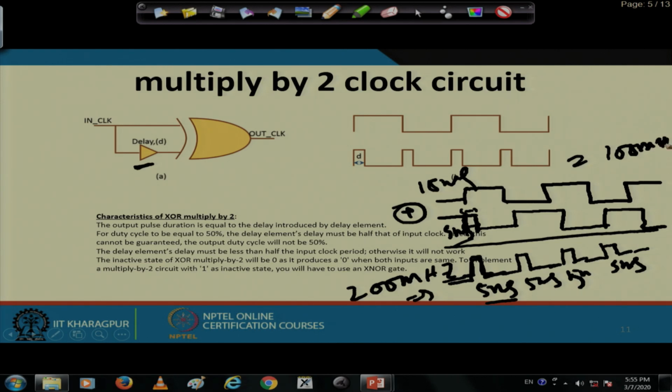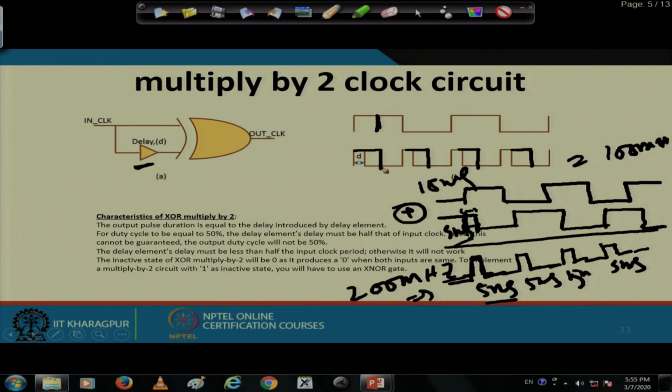Okay. And here you can see that it depends upon the amount of delay, and this is not a 50% duty cycle. We get a 50% duty cycle when the delay is just half of the period. When the delay is half, the signals will be like this, again like this, again like this.